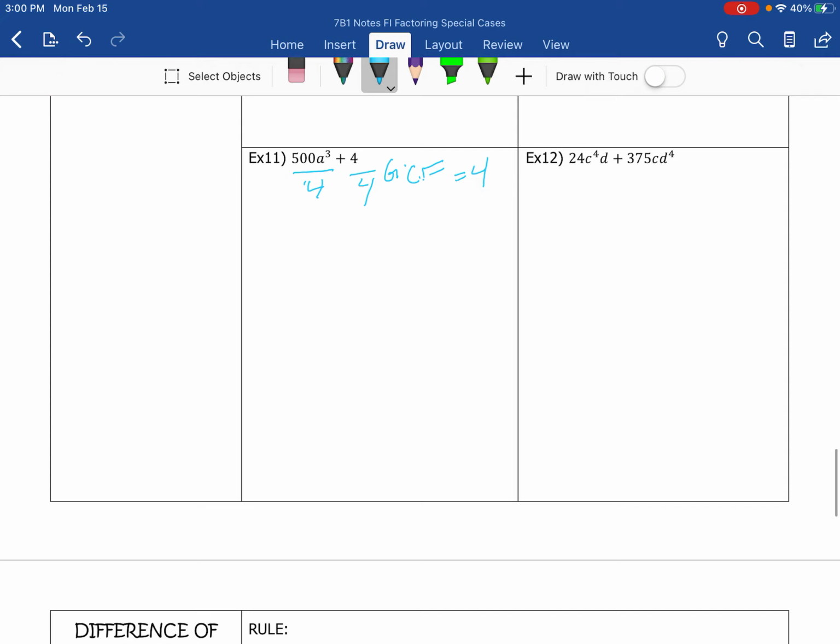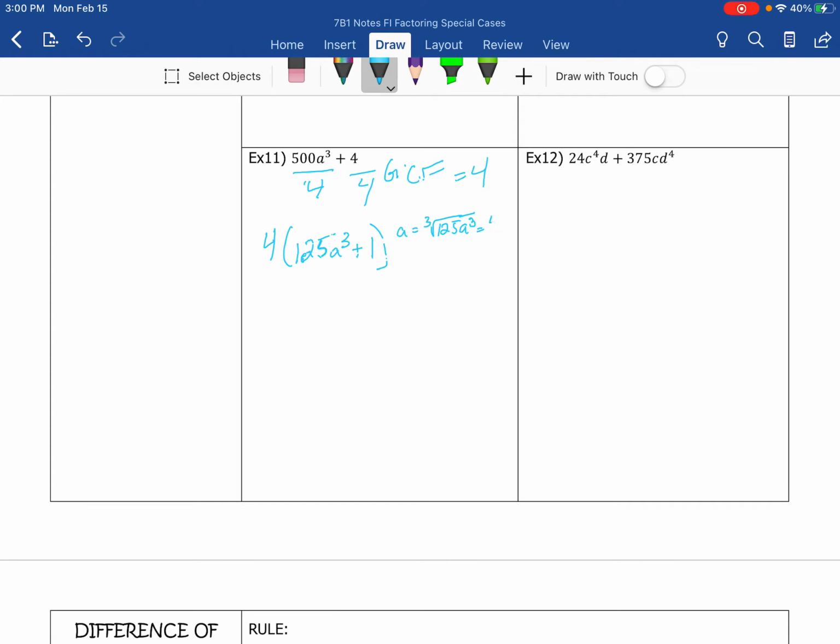Okay, so I divide each part by 4. I end up with, I take my 4, I put it on the outside. 500 divided by 4 is 125a cubed plus, and then 4 goes into 4 once.